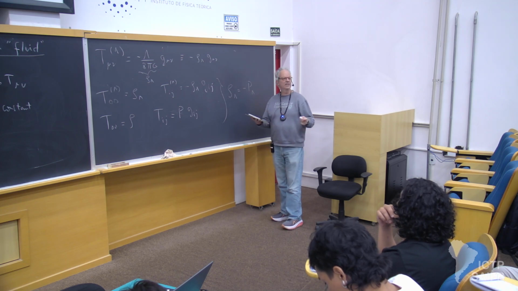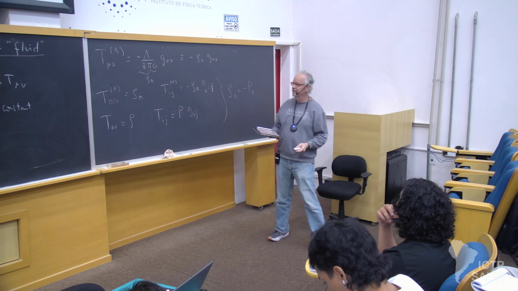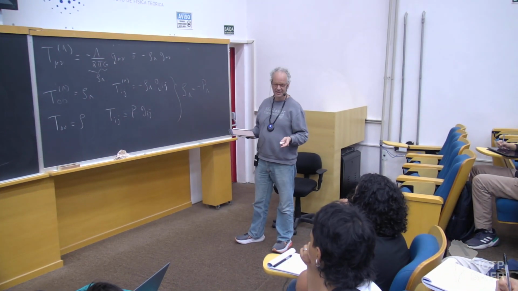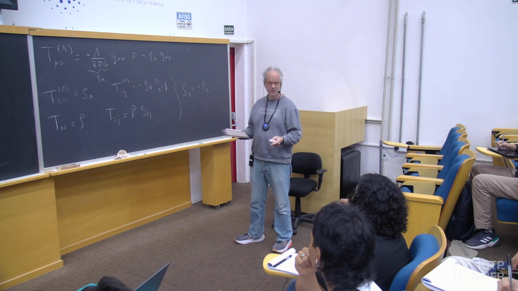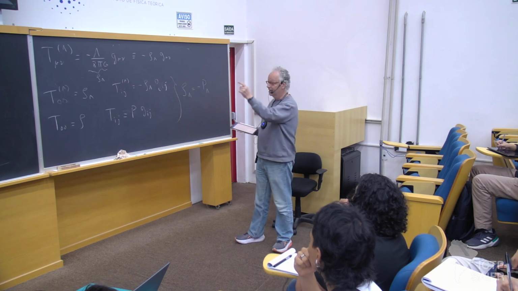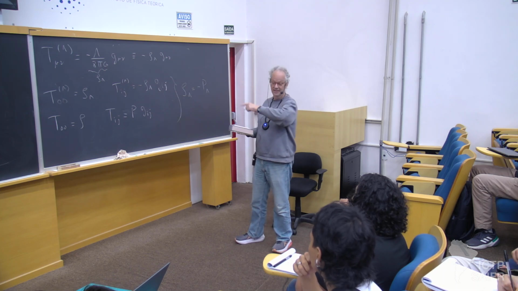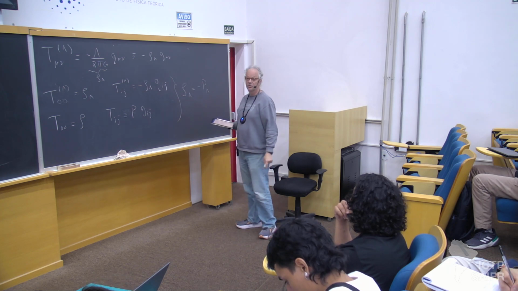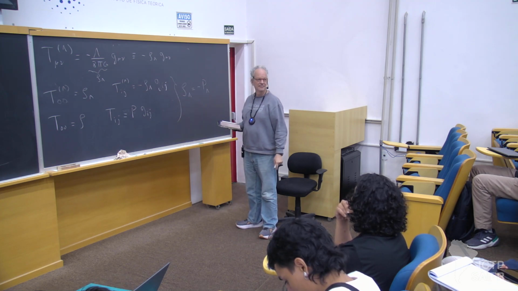So what is the conclusion? The conclusion is that we can describe a cosmological constant as a perfect fluid, meaning a diagonal energy momentum tensor, with what equation of state? Minus 1.